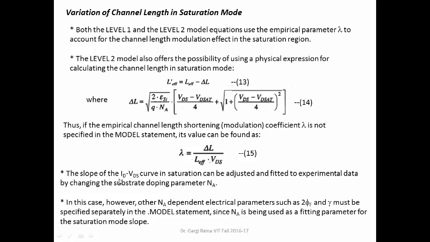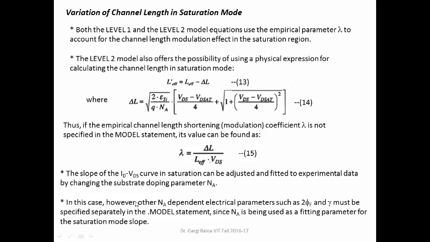So if you are looking at the IDS-VDS curve, the slope of the IDS-VDS curve in saturation can be adjusted and fitted to experimental data by changing the substrate doping parameter Na.